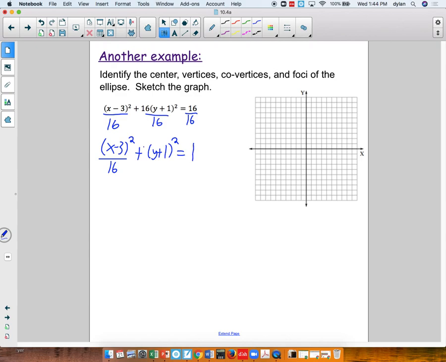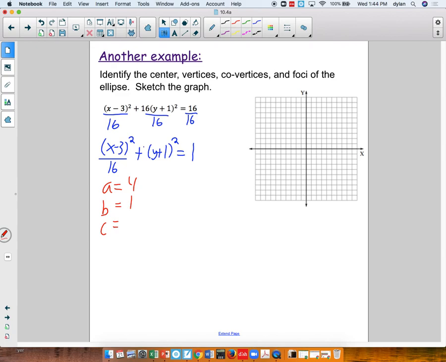And now we're in the form where we actually have an elliptical function in standard form, because we've got something squared plus something squared equals 1. So we're going to start the same way we did the last problem, which is we need to identify A, B, and C. In this case, A is 4, B is 1, because it's divided by 1 when it's not showing.